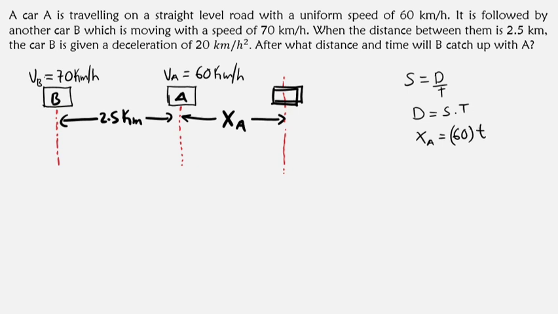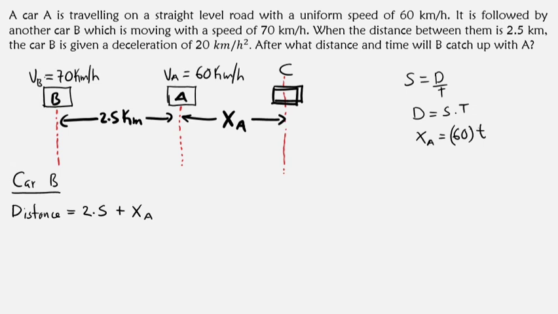So let's now go back to B and focus on car B. Let me call this point C just for the sake of it. For car B to reach point C, the distance that this car will cover will be the 2.5 between B and A, plus the distance that A will cover, XA.